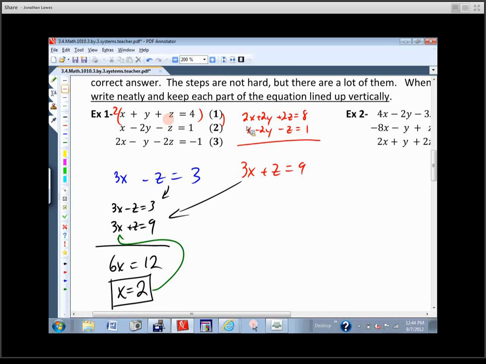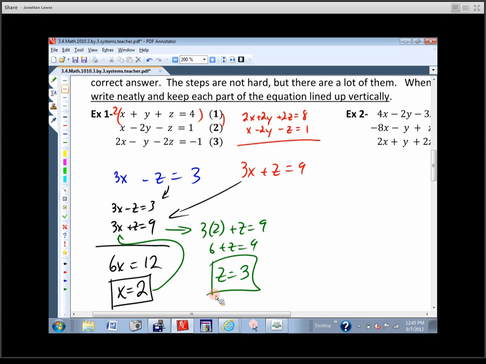Or any of these? Yes, I could, but how many variables would be left if I plugged it into any one of these up here? 2, and I don't want that. The nice thing about this is there's only one other variable in the problem, so let's see what we get. 3 times 2, and I am going to plug in parentheses because that's just a good habit. That's going to be 6 plus z equals 9, so that means z equals 3.